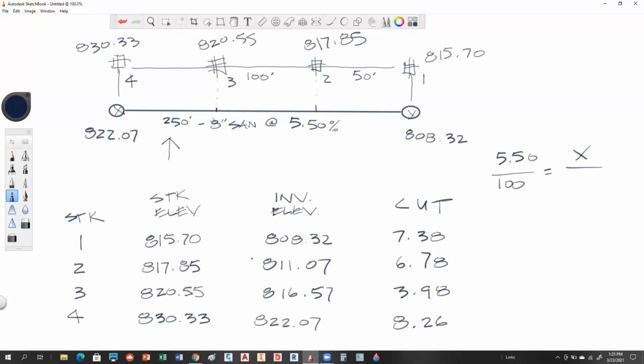Let me ask you guys this hypothetically: why is this getting lower and then it gets higher again? What's going on there? Can anybody tell me? There was a dip where you were putting it. Right, exactly. The ground dipped to a lower spot and then it went back up. But your slope on your pipe is staying constant, correct?